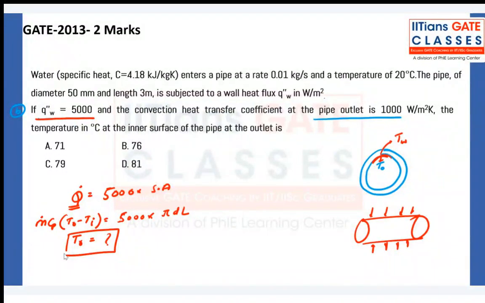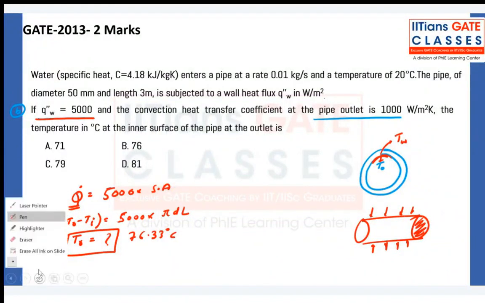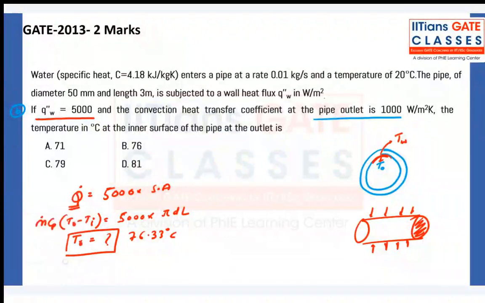Seventy-six point three three degrees Celsius. Now see, at the outlet here, the bulk mean temperature of water is T naught, and the wall temperature will be something else. Now from the wall, heat is transferred by convection.